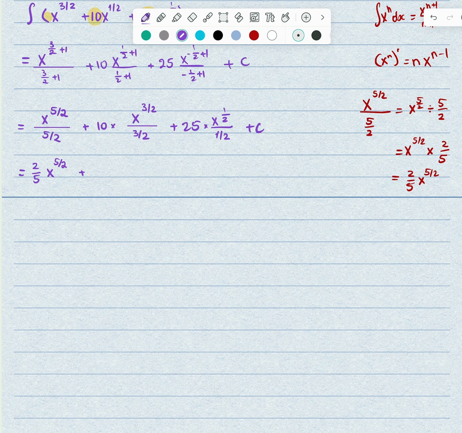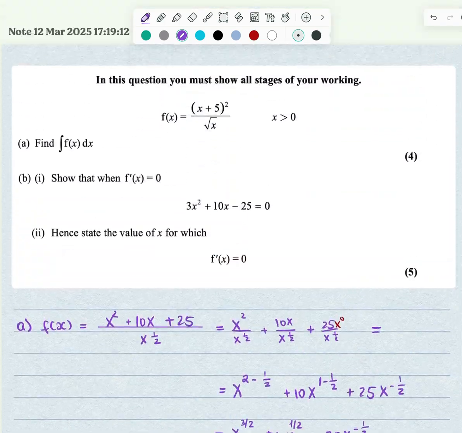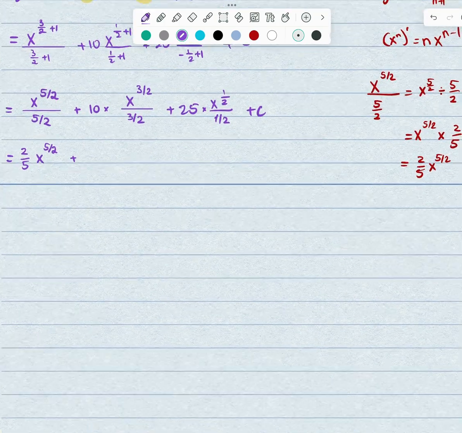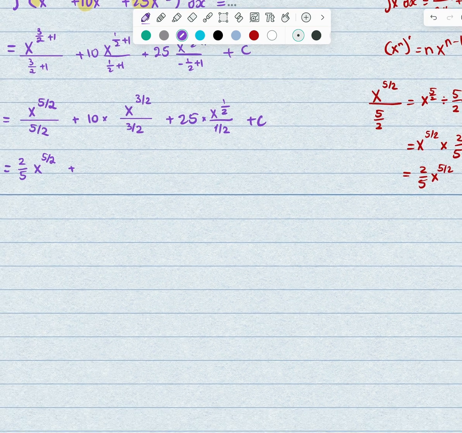If there's something to simplify, simplify it, because I believe they want the fully simplified form. In the mark scheme, they might deduct 1 mark because you didn't simplify it, so you've got to simplify that.